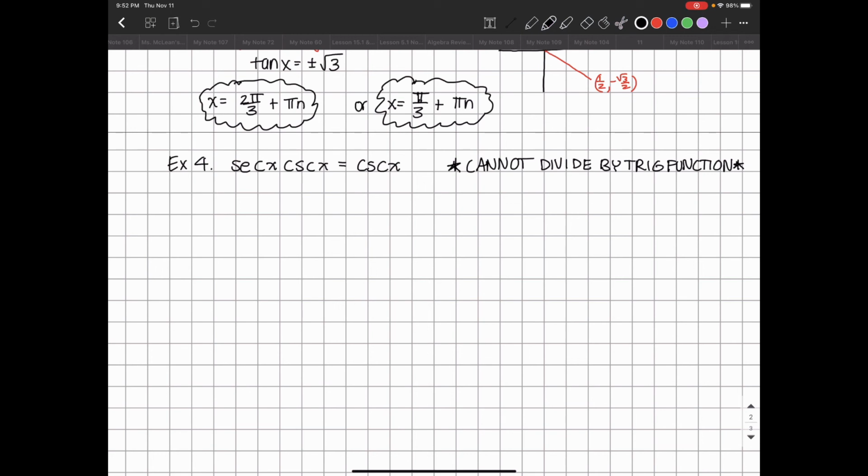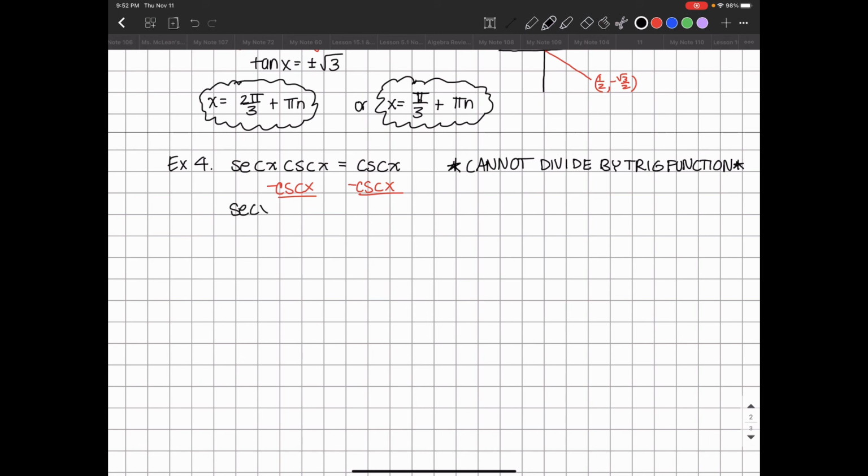In this particular case, cosecant cannot be 0 ever, so you could divide by cosecant on both sides, but you are not allowed to divide by trig functions because you don't know if they're 0 and you can't divide by 0. So what I'm going to do instead is subtract cosecant of x on both sides.